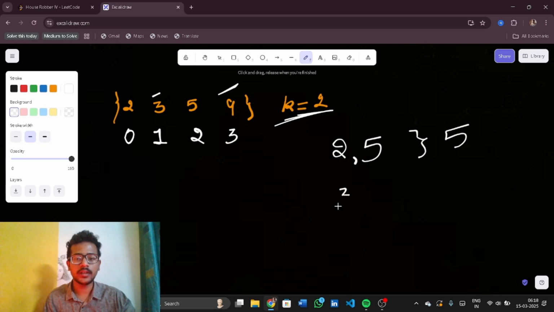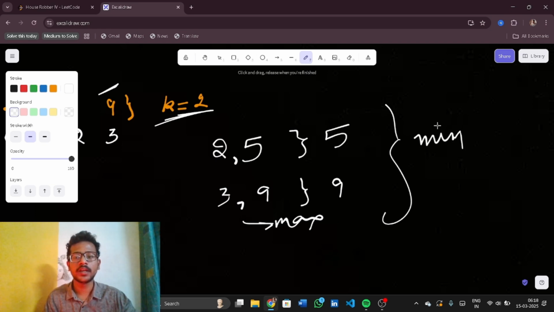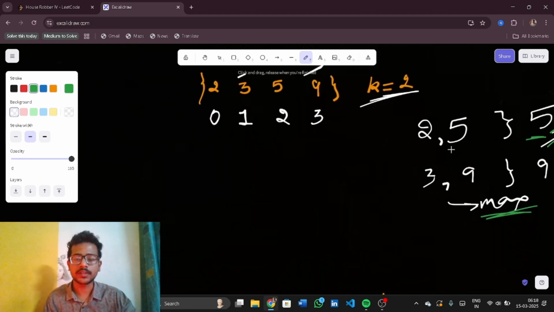For every combination we will have a maximum value, and from all the combinations, I need the minimum of those values. So for this, the answer would be 5. But the problem is how we can get this 5.